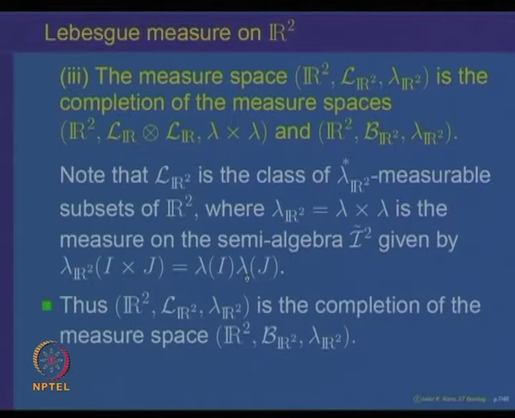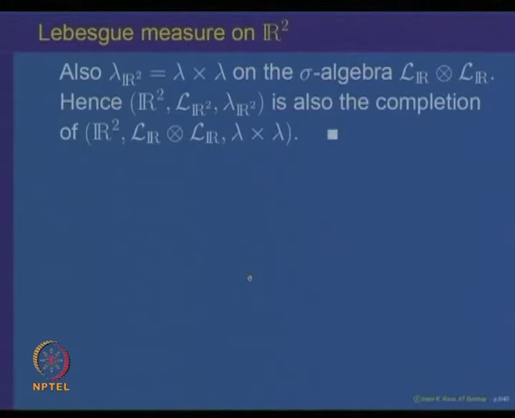So, this is obviously the completion of the measure space on R 2. These are obvious facts we should keep in mind, which are very much similar to those of the real line. They play a role later on when we want to look at null sets in R 2.